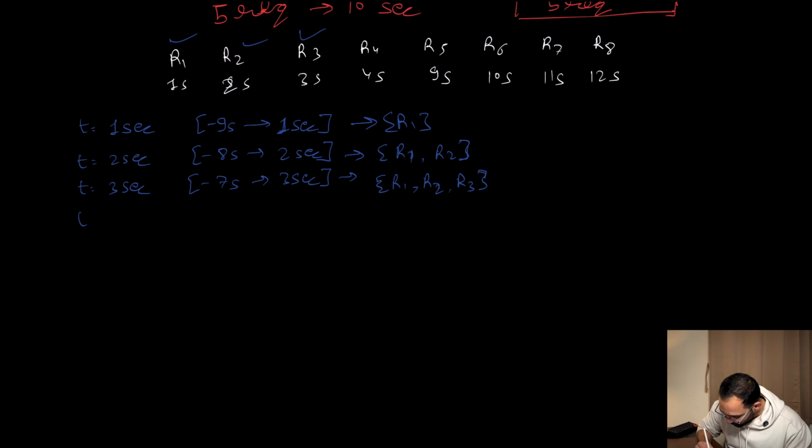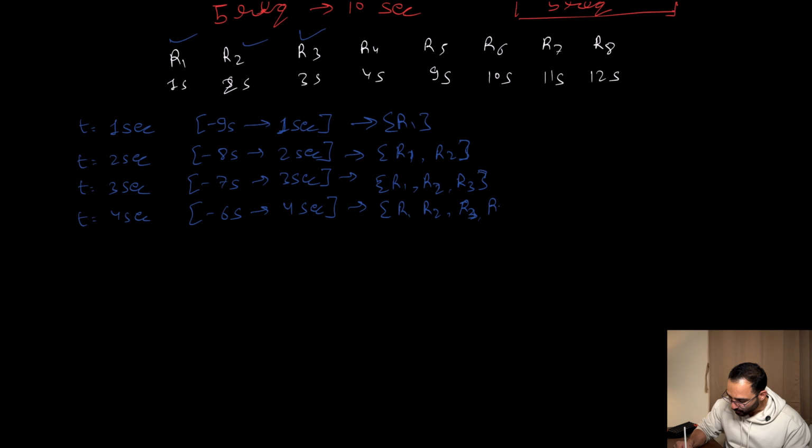Now at t equals 4 second, again our window is minus 6 second to 4 second, and our request count is R1, R2, R3, which is again less than 5, so R4 will also be accepted. We didn't have any requests at 5, 6, 7 and 8 second. So at t equals 9 second, we got one more request, and our window at that time is minus 1 second to 9 second.